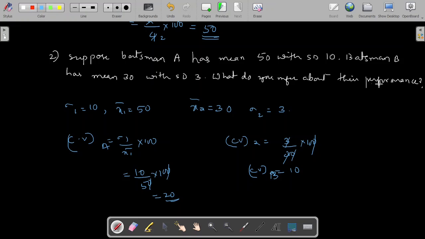Therefore, the performance of batsman B is more consistent than batsman A. That is the conclusion you can draw. Now here you don't go for looking at the mean. If the standard deviation is 0, then only you have to check the mean. Otherwise you have to go with the coefficient of variation formula.